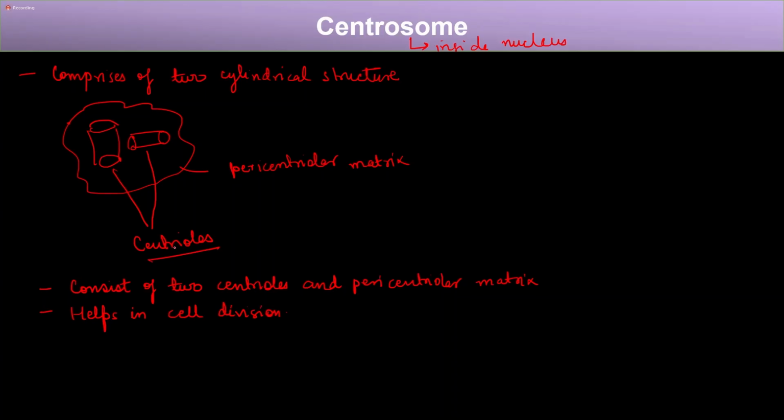So now let's see the structure of a centriole. The structure of a centriole looks something like this. First of all, this centriole is also made up of microtubules. And in this case, what is the arrangement of these microtubules? It is a 9+0 arrangement.